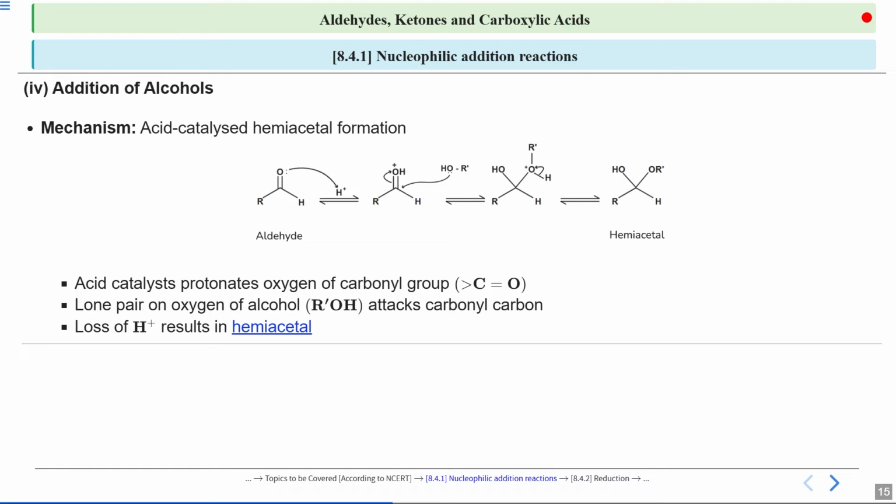This oxygen has a positive charge. Oxygen never loves a positive charge. So there will be loss of this H plus ion and finally you will get a hemiacetal. So this is a stable product where the alcohol and carbonyl compound have successfully combined. In the hemiacetal, to this carbon, an OR group is attached and an OH group is attached. So this was the mechanism.